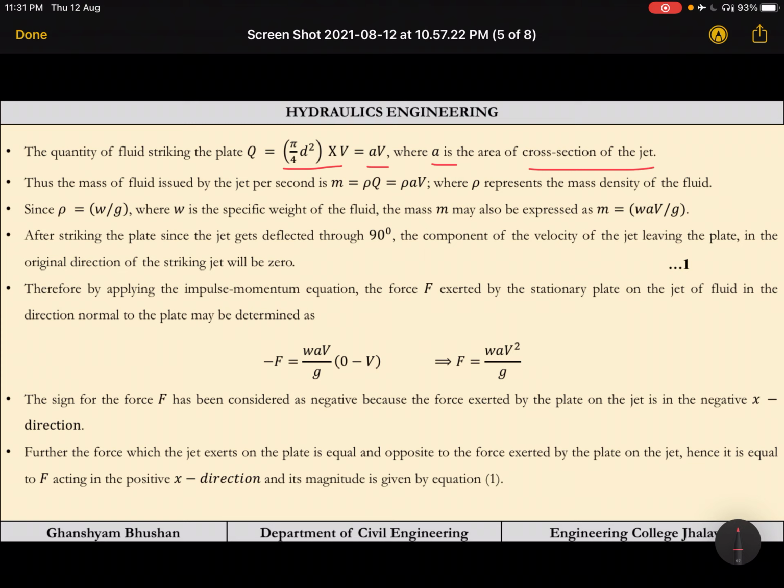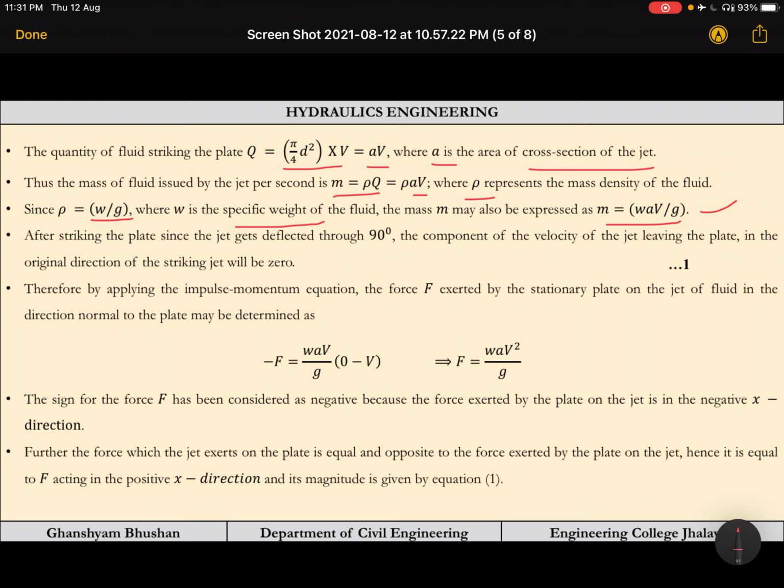Thus the mass of fluid issued by the jet per second will be rho into Q, so rho into a into V. Rho is the mass density of the fluid, and in another way you can say rho is w by g, where w is the specific weight of the fluid. So if you replace all the values here, we are going to get mass per second as w a V by g.